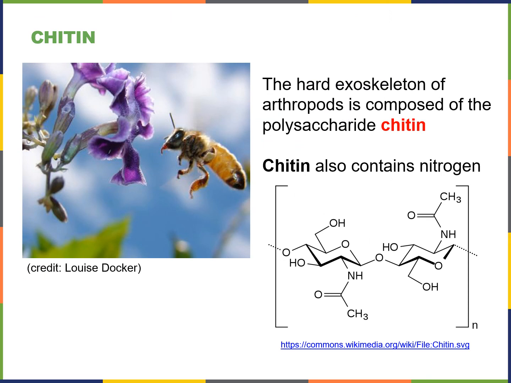Lastly, when it comes to our polysaccharides, the hard outer shell of insects, that exoskeleton, is composed of what is referred to as chitin. Chitin, as you see right here, long polysaccharides.